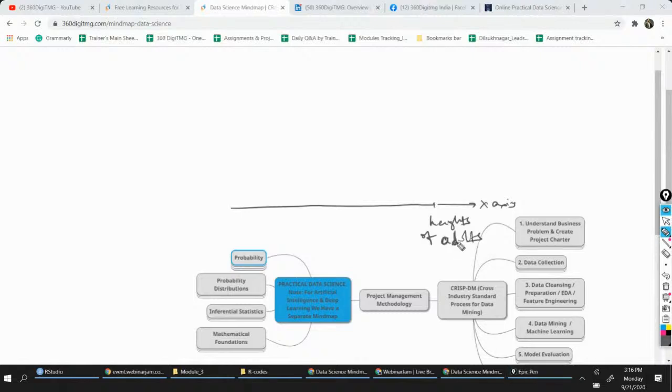Now to quantify adults, you can say people between 20 to 40 years. Across the world. Take each and every person across the globe who fits this condition, and we record their heights. Entire population. When I say population, I'm talking about the world. And on the y-axis, I'm trying to represent the probabilities.